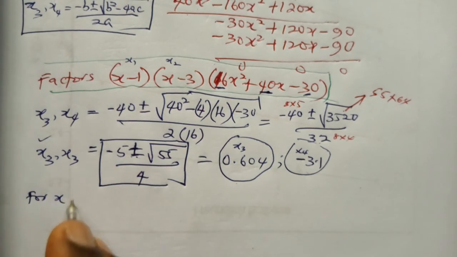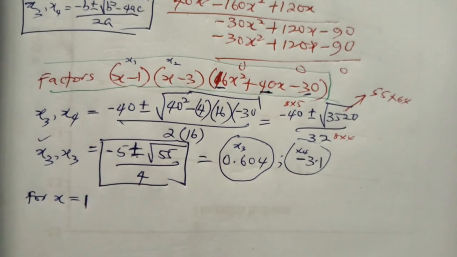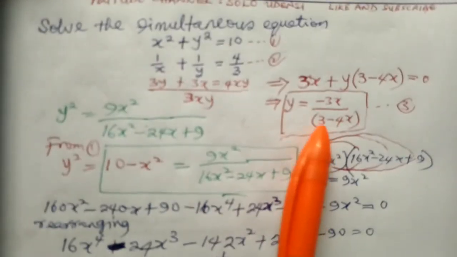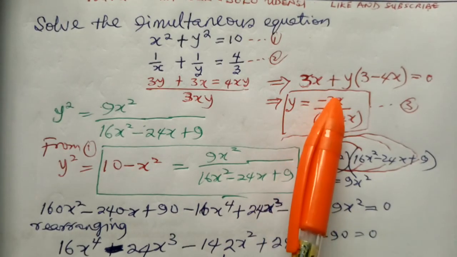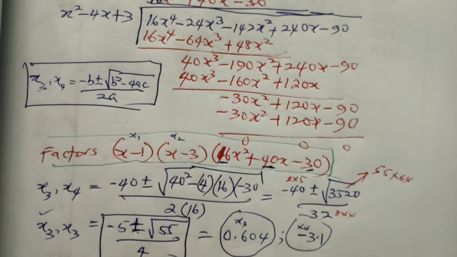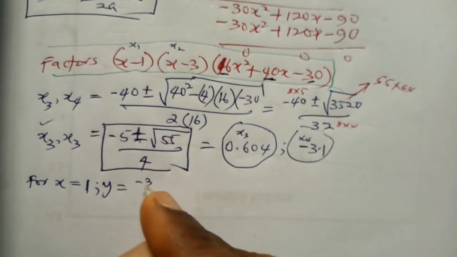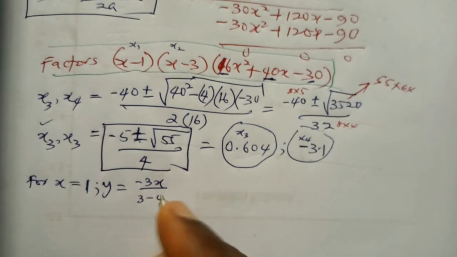So for x equal to 1, we use equation 3, y is equal to minus 3x over 3 minus 4x.